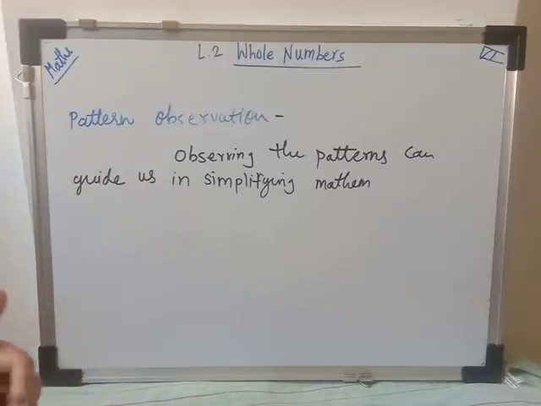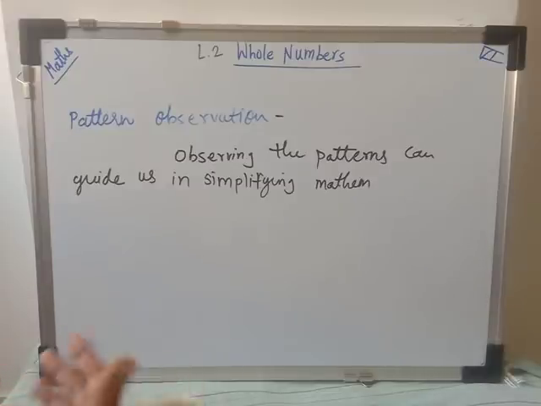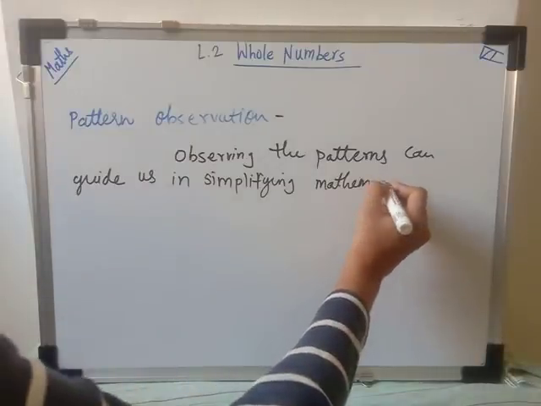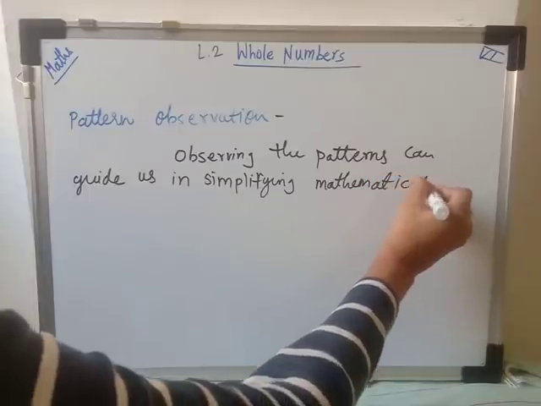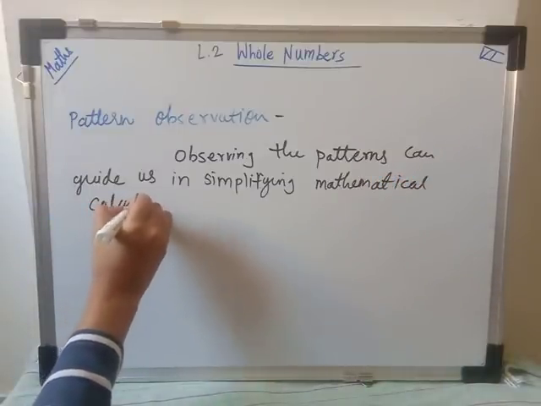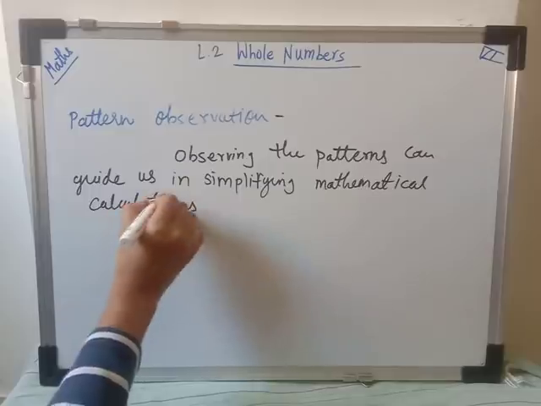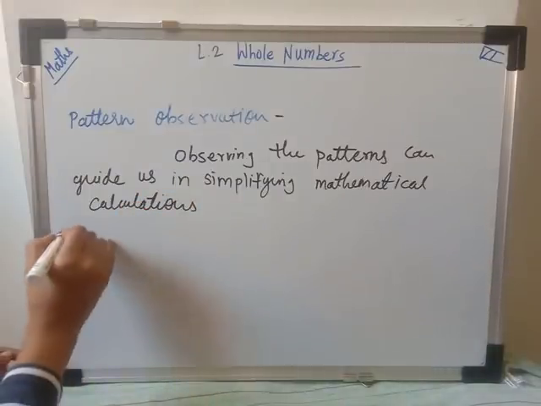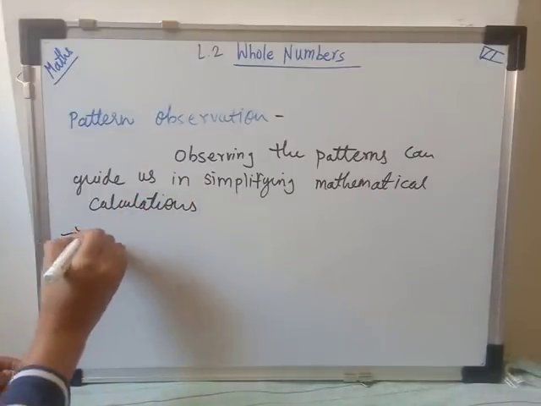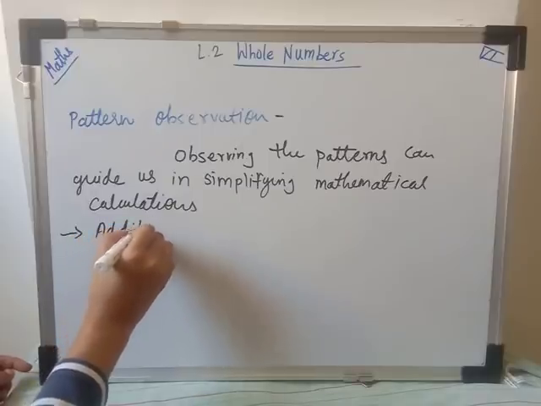Because when you are using numbers, we are using different operations like addition, subtraction, division, multiplication. That's why mathematical calculations. If I take the one number pattern for the addition, here I am taking addition.